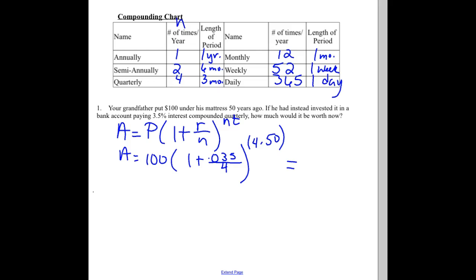Your calculator will divide the 0.035 by 4 before it adds the 1 to it, like it should. Okay, what do we get for a total? Did you get the same thing I did? 571?